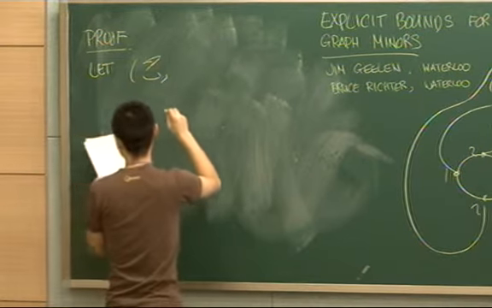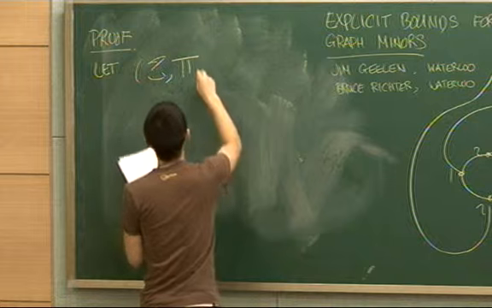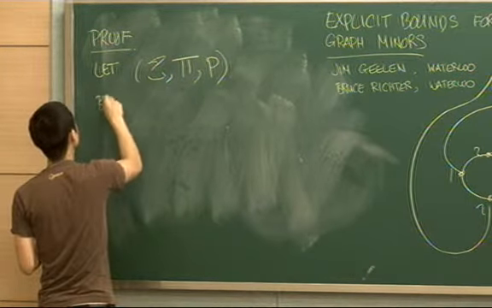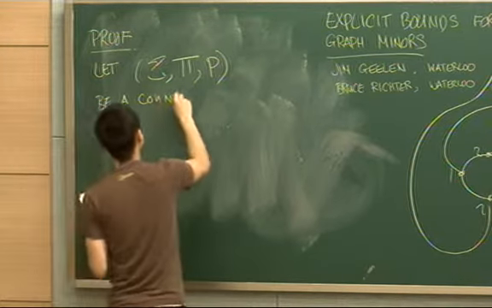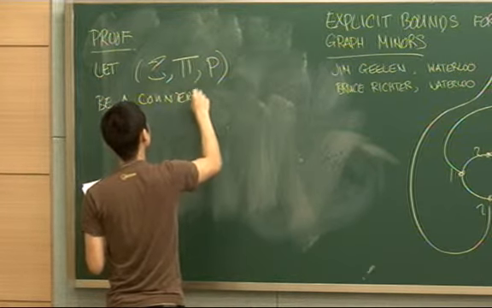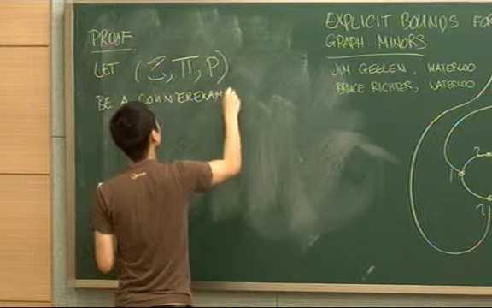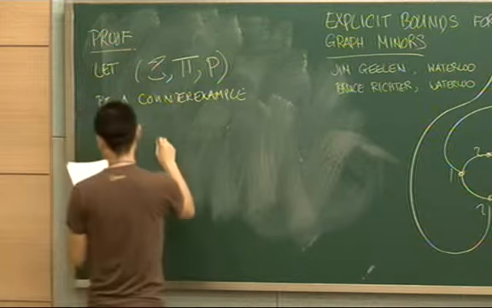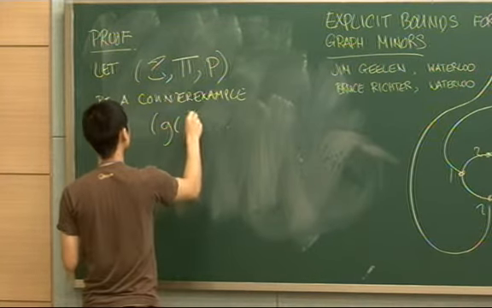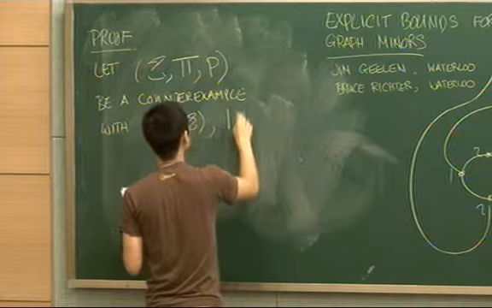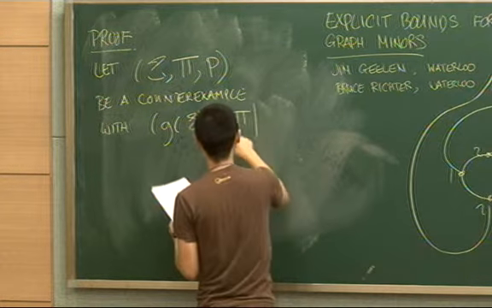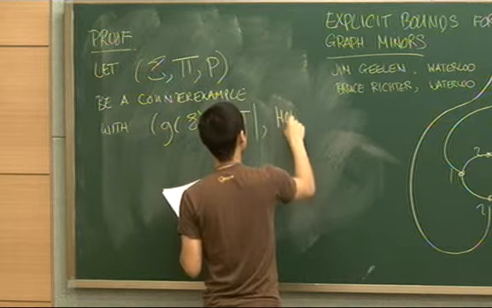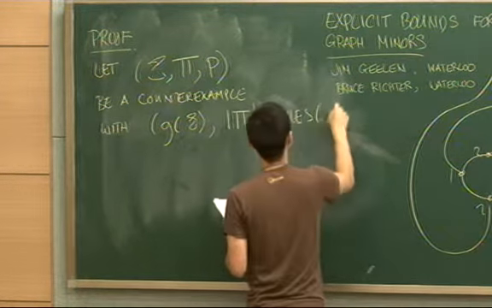So I've got my surface sigma, some pattern pi, this path P. So this is a counterexample with the genus, the number of linkage vertices, and number of holes.